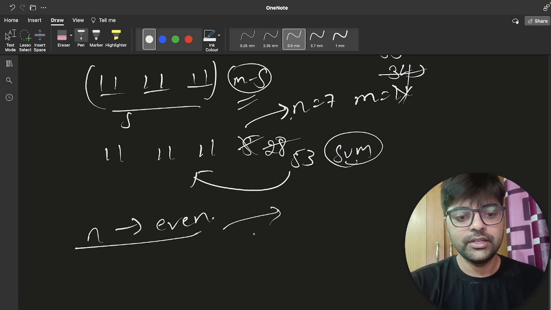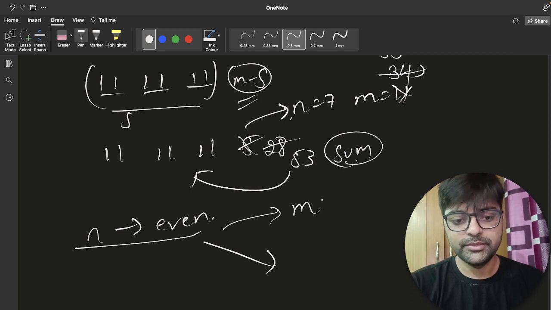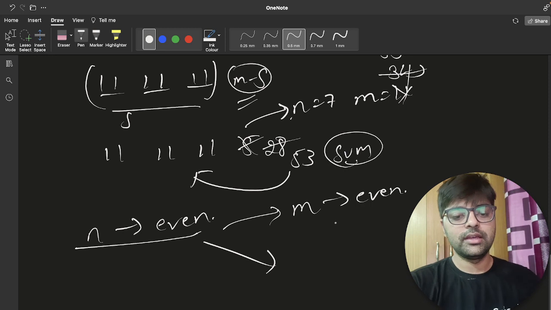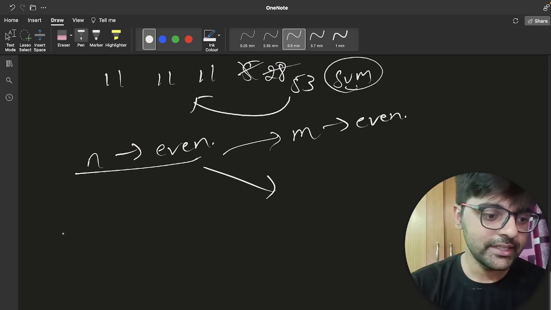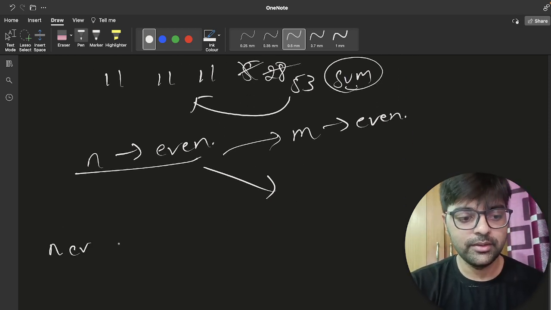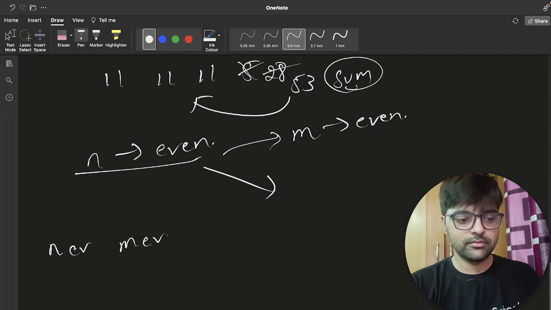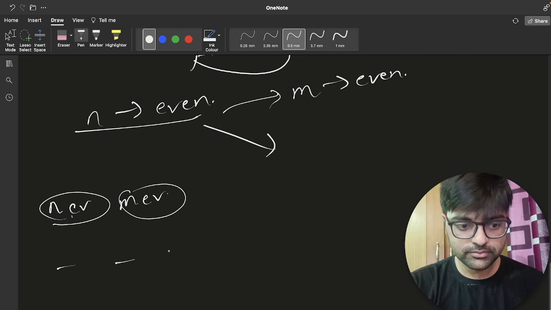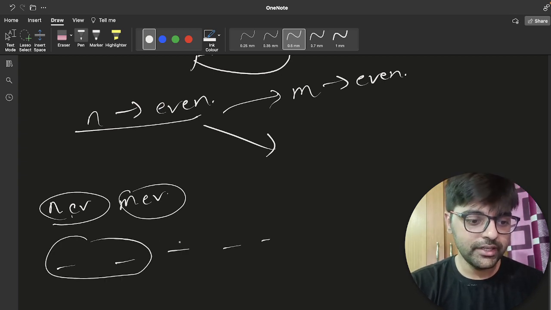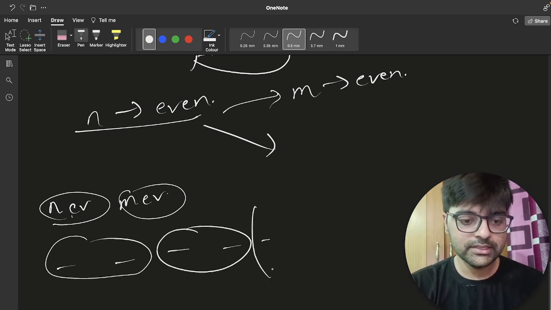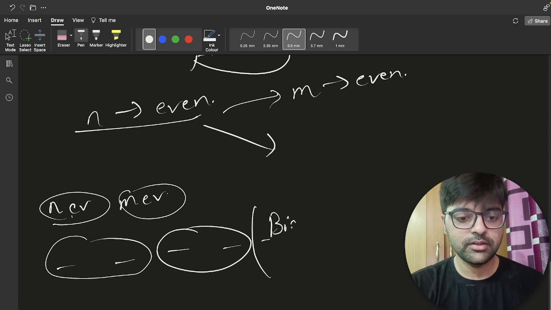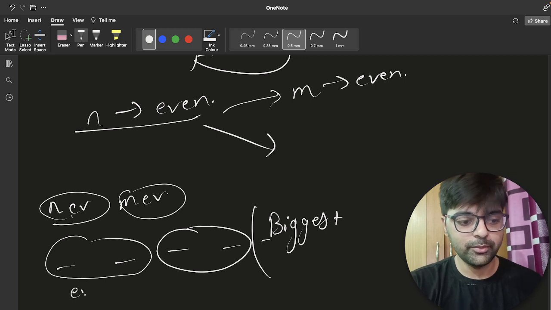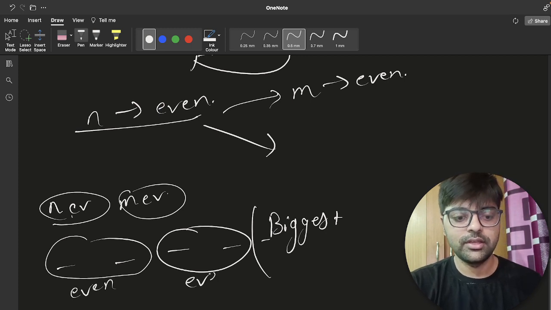Here I will take two cases: m, that represents sum, is even, right? So let's say n even and m even. As I have told you, all the elements present, let's consider this is the biggest number, and all the rest of the elements present must be present an even number of times, right?